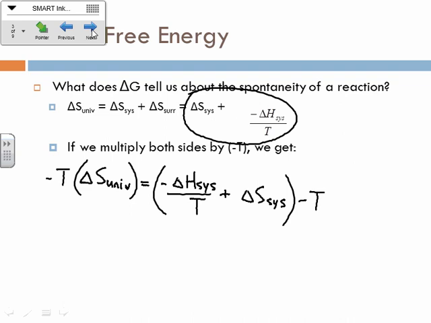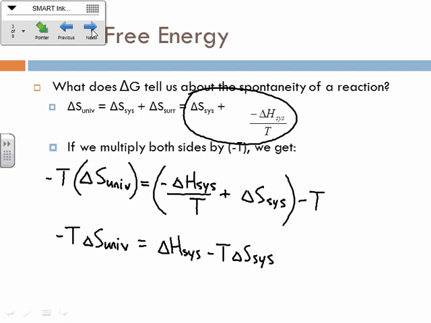We end up with negative T times delta S of the universe is equal to, the T is going to cancel out here along with the negative, so we just end up with delta H of the system plus, or I guess I should say minus, T times the delta S of the system. Okay?